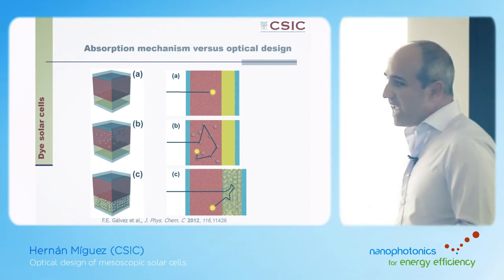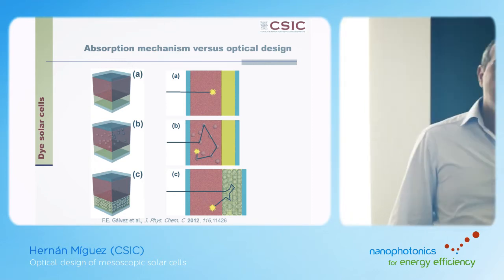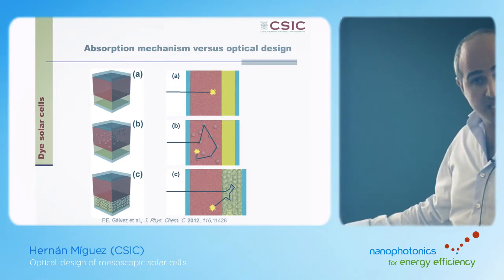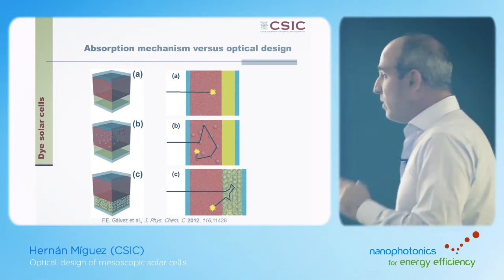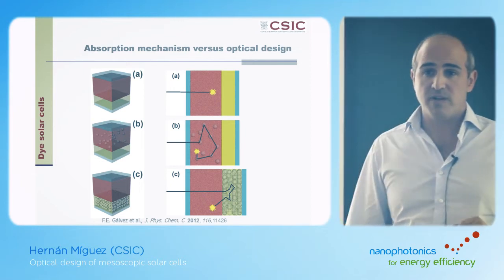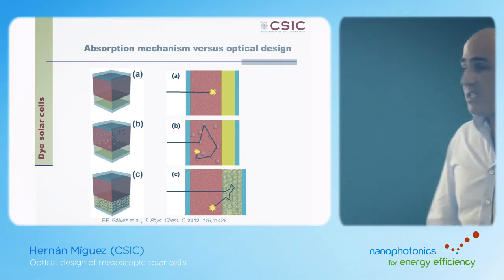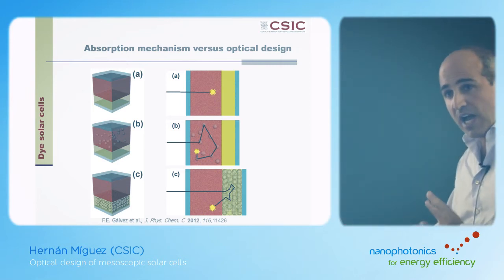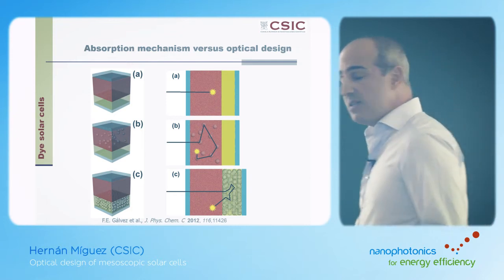So there hasn't been any record cell in the last 10 years that didn't have these designs. Okay? So in this case, the optical design is also key. Without this diffuse scattering layer, you don't get the record values, right? But what happens? Once you put a diffuse scattering layer in the back, you lose your transparency. So one of your added values is lost, right?